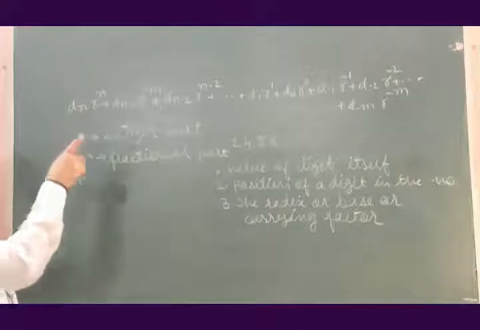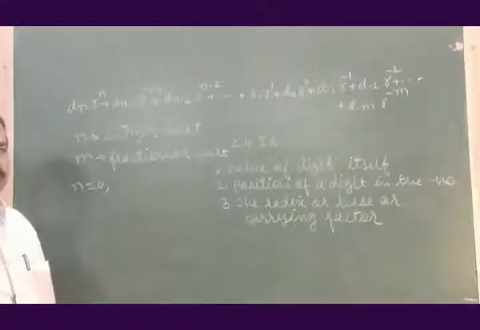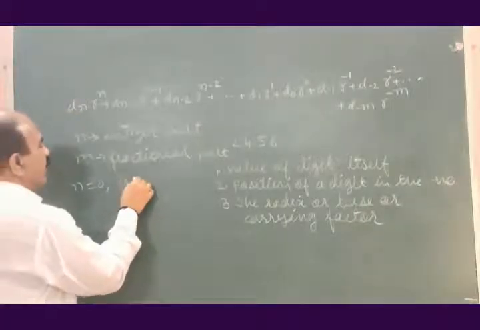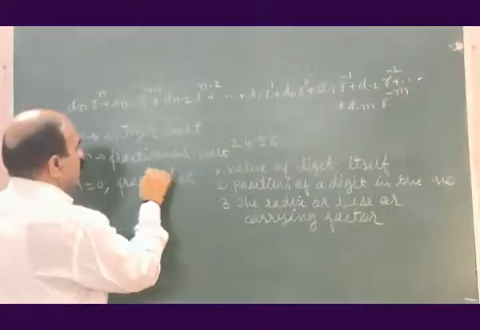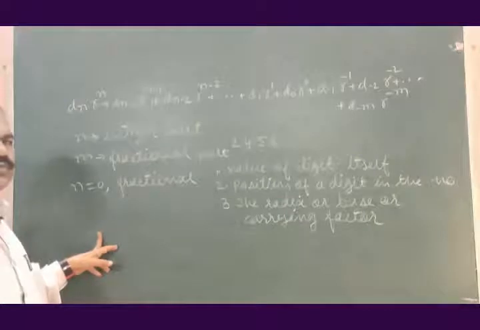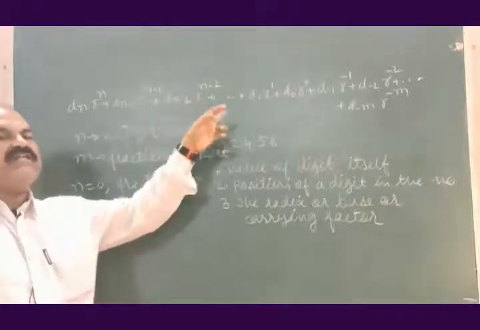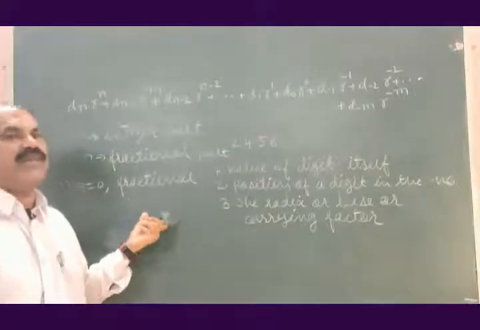In any given number, if n is equal to 0, the number will be simply a fractional number. Whenever n is 0, the number represented this way will be a decimal fractional number.